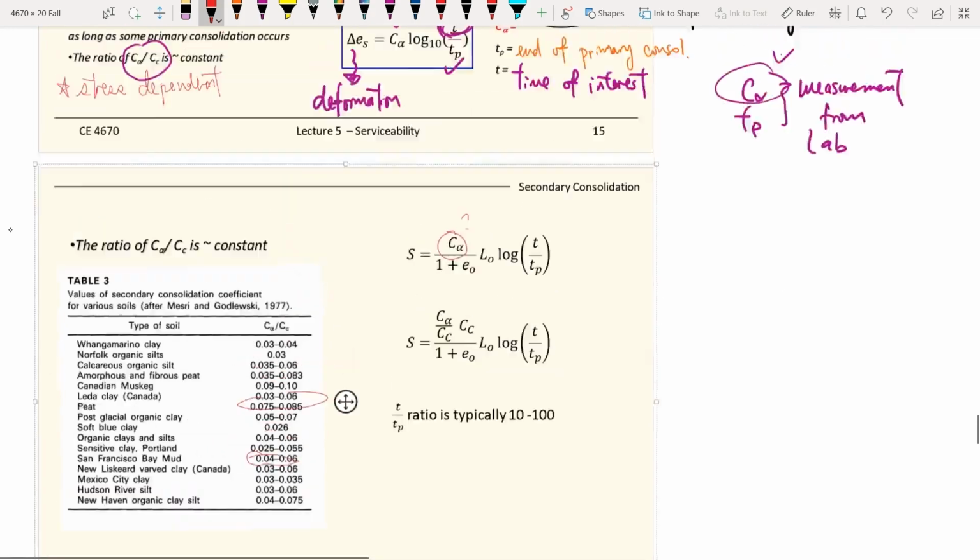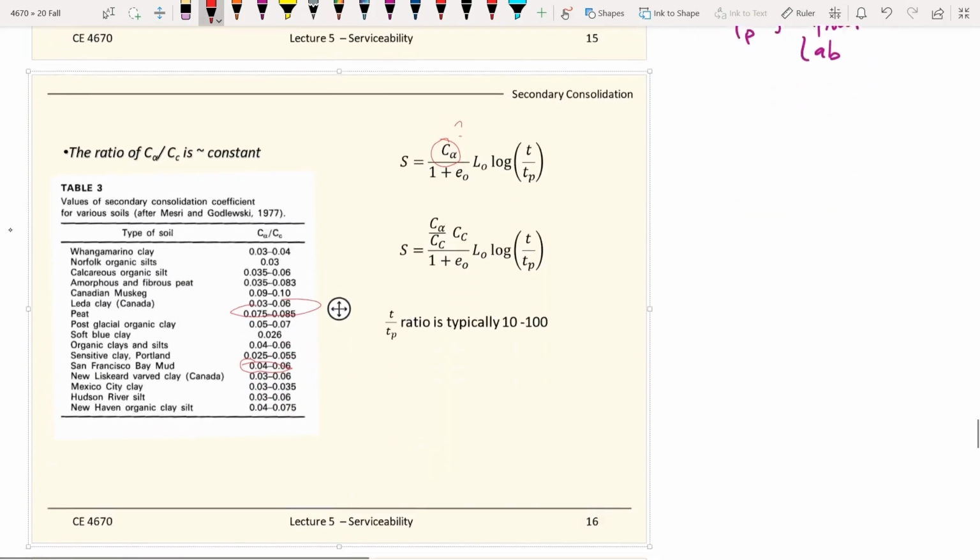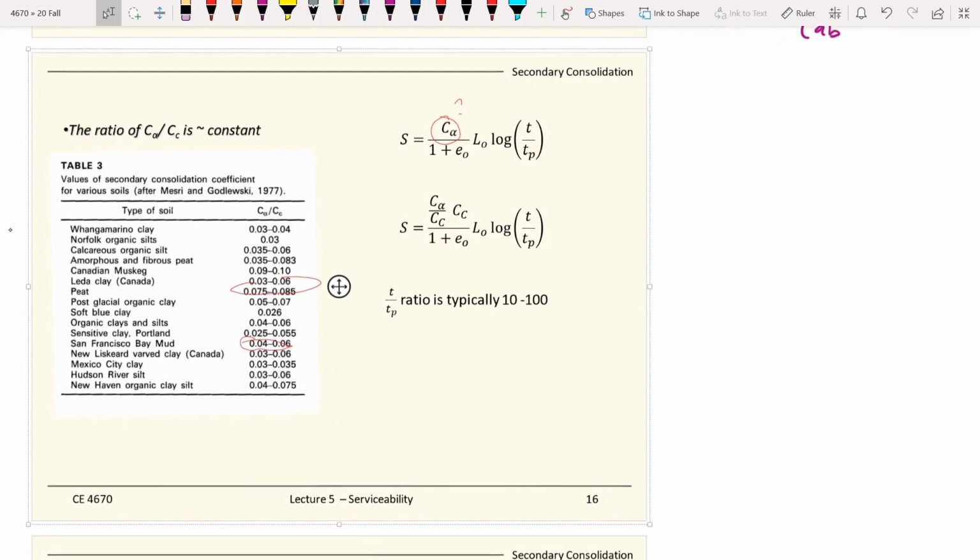We can convert the lab-scale calculation, with the lab parameters, and apply it in the field scenario, so those are field parameters, and this is the thickness.